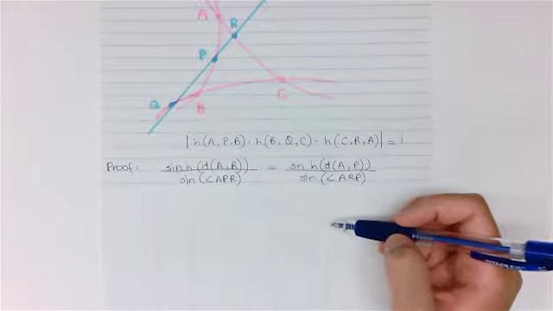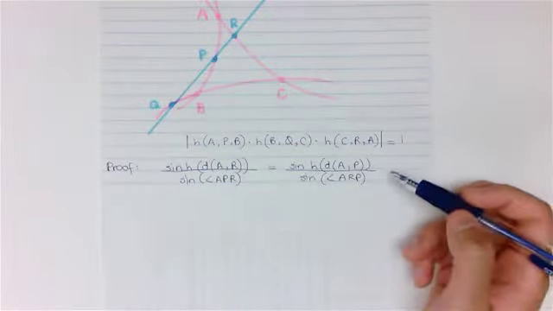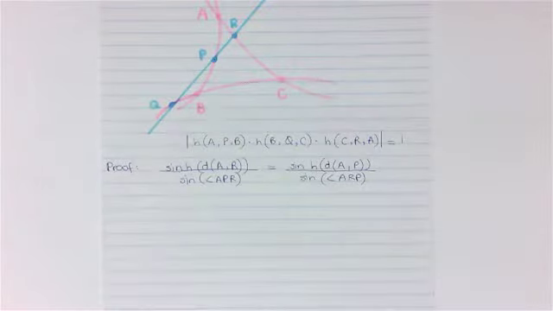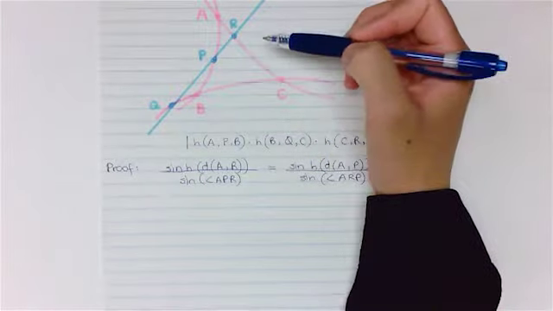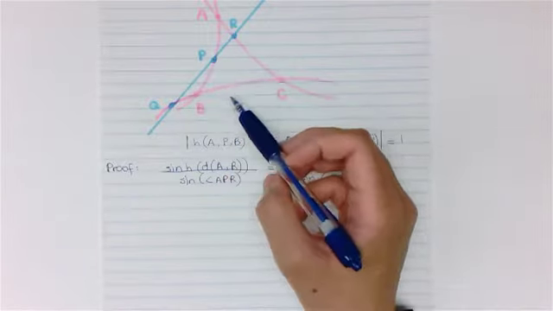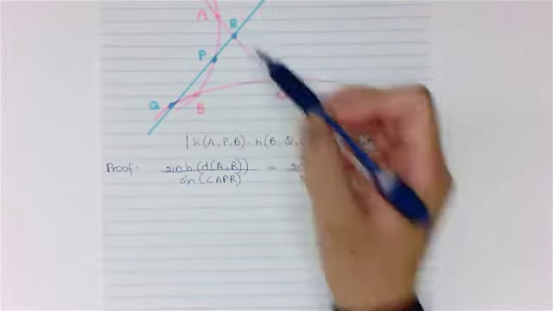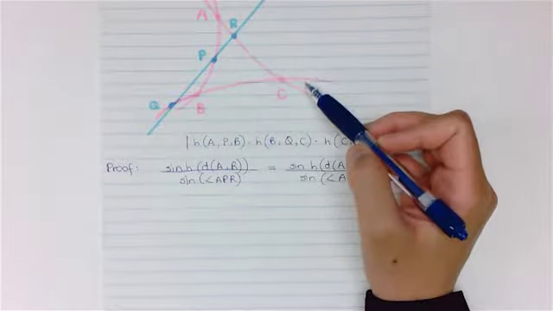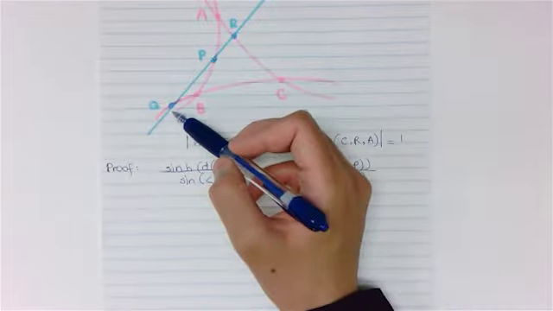Similarly, when we look at triangle BPQ and triangle CRQ, we get similar relations. From the diagram, we can also see that angle APR is the same as angle BPQ, and angle BQP is the same as angle CQR, and angle ARP is the same as pi minus angle CRQ.